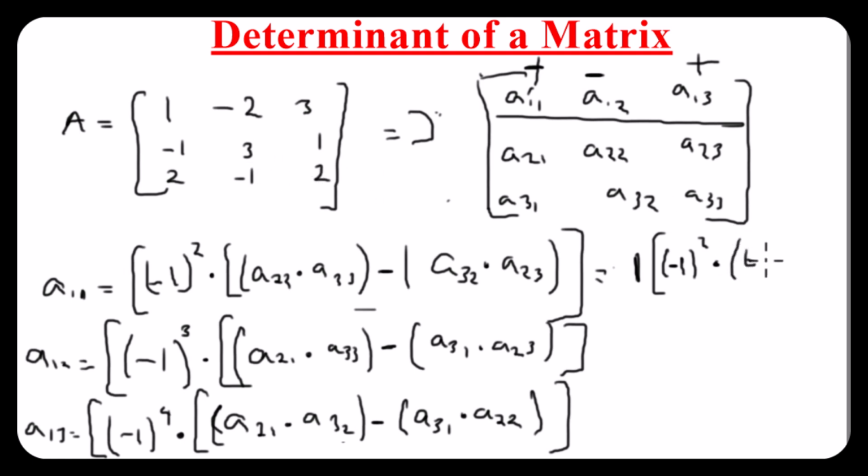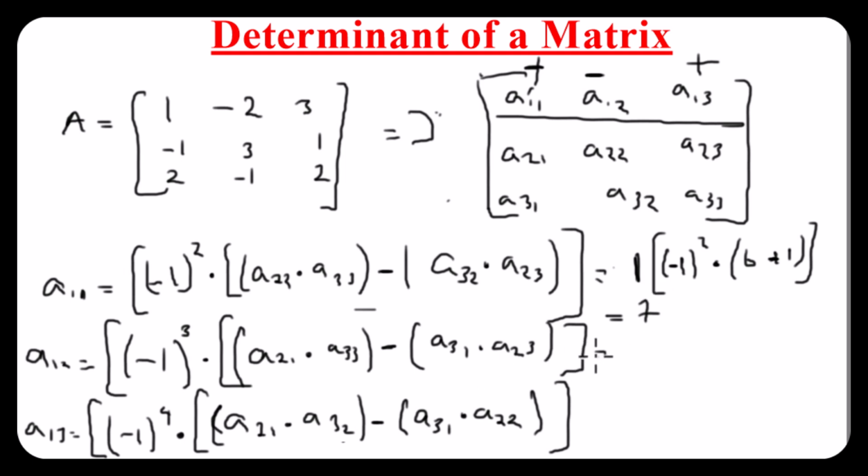So that's 6. 6 minus A32 times A23, so 2 times minus 1, that's minus 1. So 6 minus minus 1 becomes 6 plus 1, that's 7. 7 times 1, 7. So everything here would be 7 for the first one.